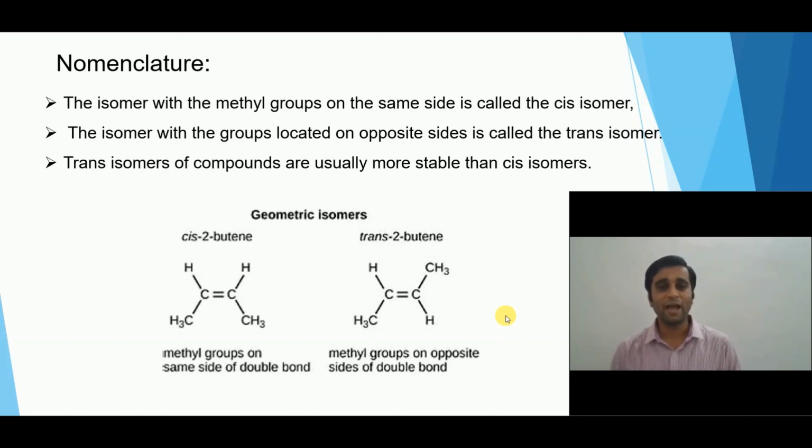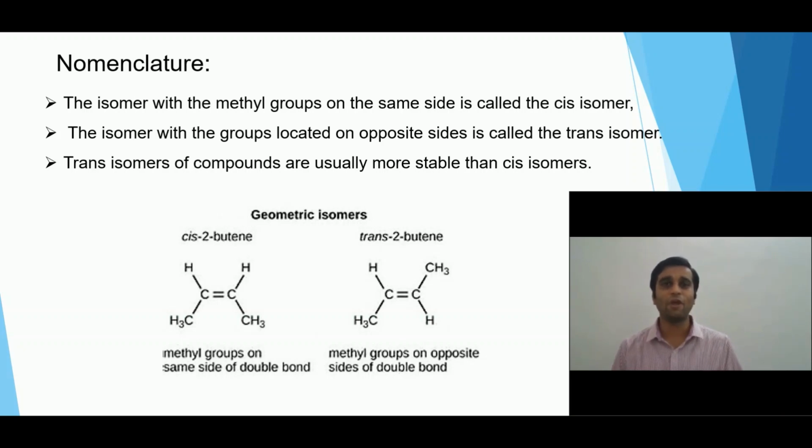Here I have mentioned one example, cis-2-butene and trans-2-butene. It means the double bonded carbons have the same substituents. Each carbon is attached with CH3 and H. And the same substituents are on the same side of the plane. Here C double bond C is there, so the carbon is sp2 hybridized.